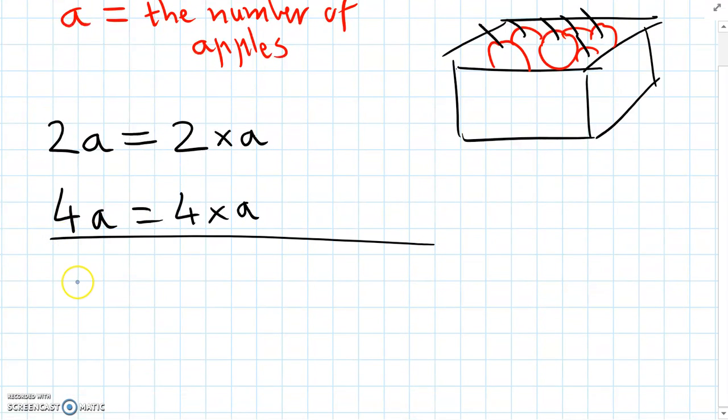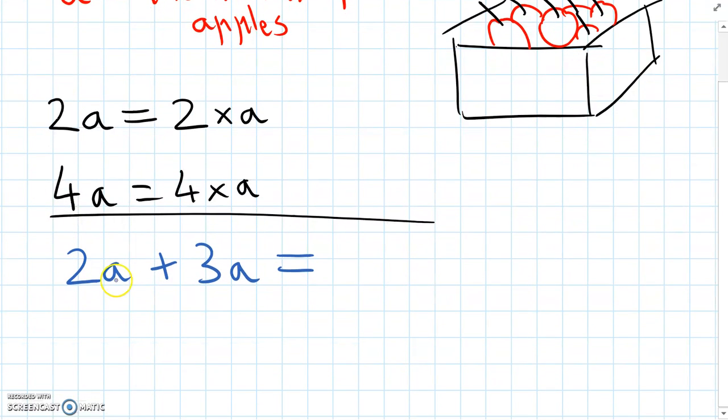But what if we have an expression that has 2 different terms in it, like 2A, and then we're adding that to 3A? What can we do here? Well, we know that 2A just means 2 times the number of apples, and 3A means 3 times the number of apples.